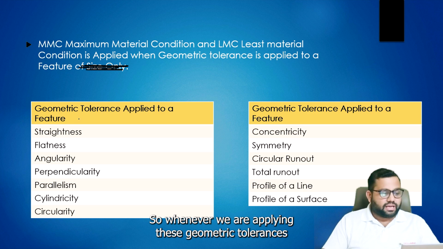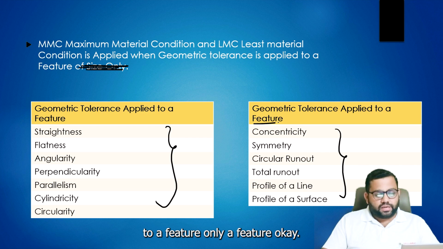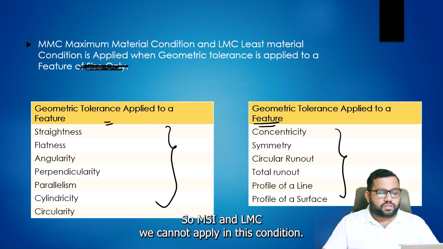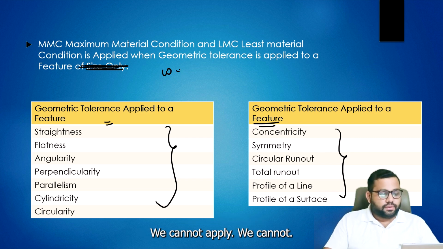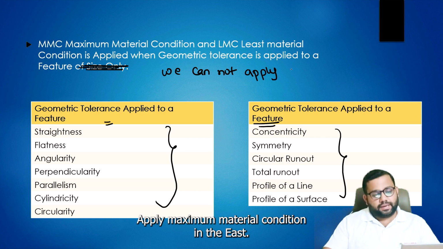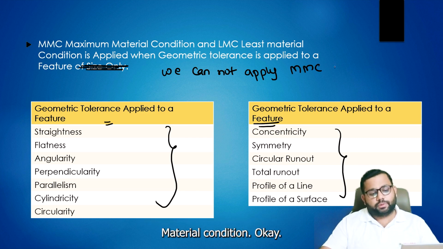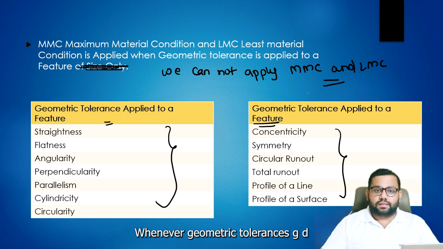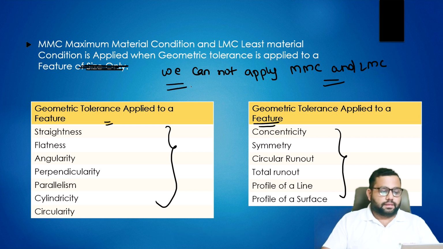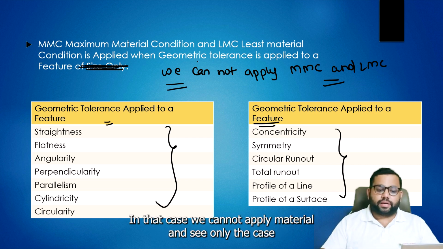Whenever we apply these geometric tolerances to only a feature, not a feature of size, we cannot apply MMC and LMC. Whenever GD&T is applied to a feature, in that case we cannot apply MMC or LMC.